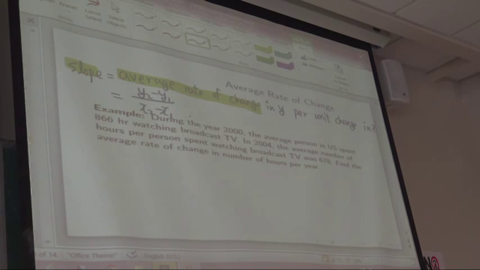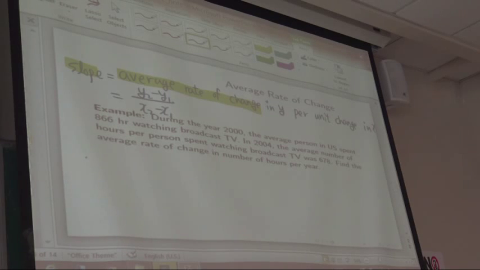During the year 2000, the average person in the US spent 866 hours watching TV. In 2004, the number of hours per person spent watching TV was 678 hours. Now we want to find the average rate of change in number of hours per year.